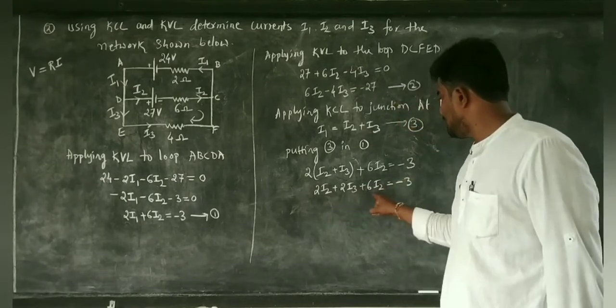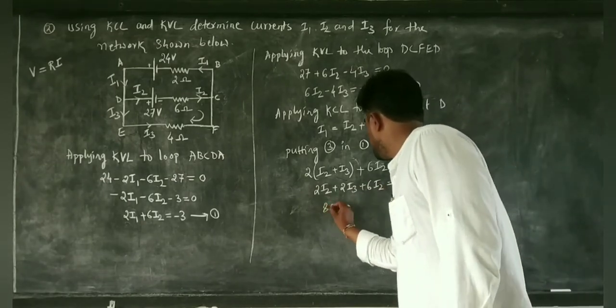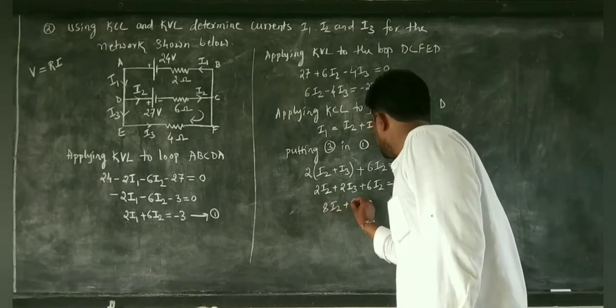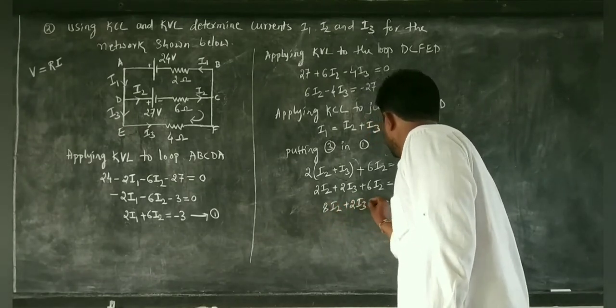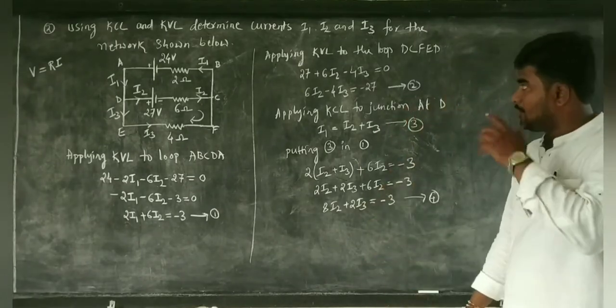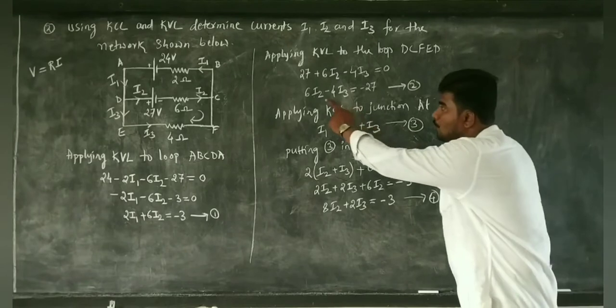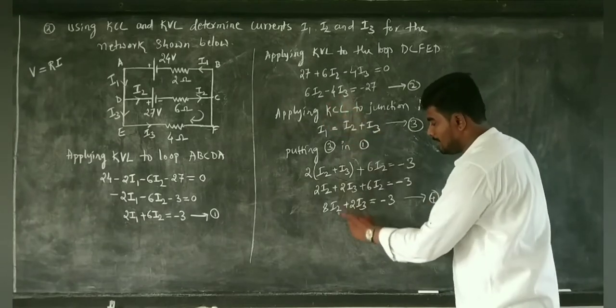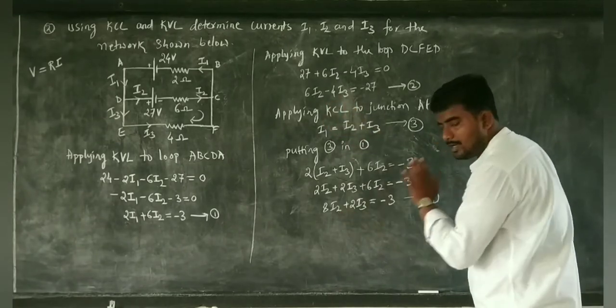See here, 2 I2 is there, 6 I2 is there. Therefore, it is 8 I2 plus 2 I3 is equal to minus 3. Let us call it equation 4. You can observe here, equation 2 also contains I2 and I3, equation 4 also contains I2 and I3.